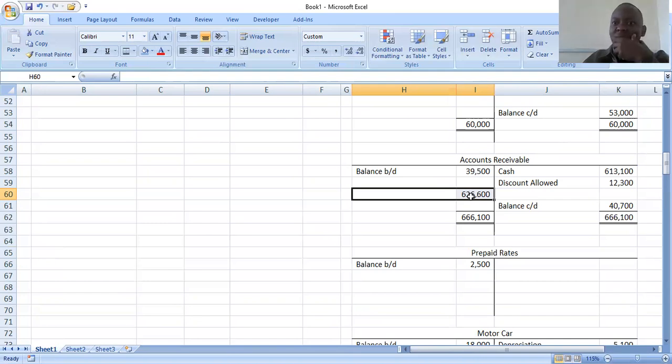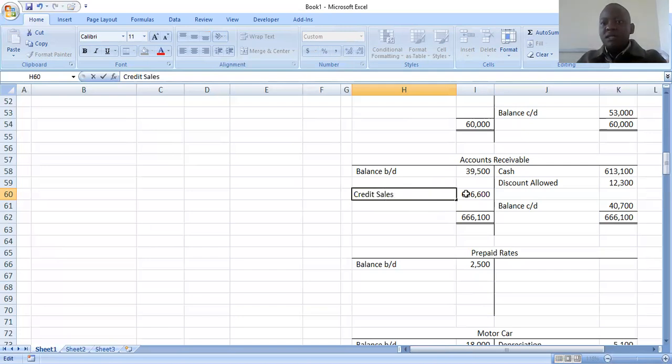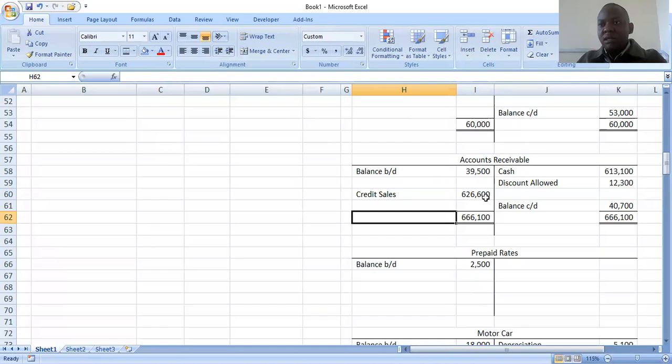In what ways can accounts receivable increase? Accounts receivable can only increase through sales, and in most cases it's through credit sales. So this amount is through credit sales.